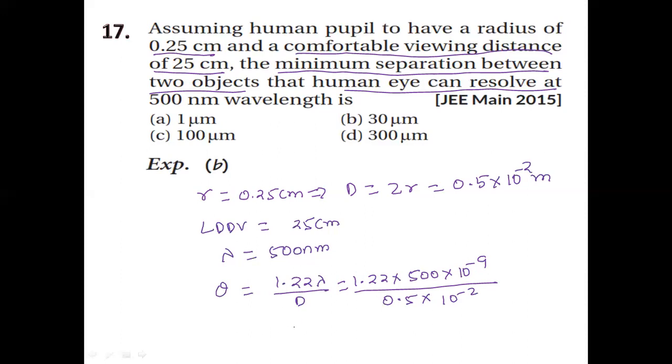So 1.22 into 5 into 10 power minus 7 by 5 into 10 power minus 3. That is 1.22 into 10 power minus 4.